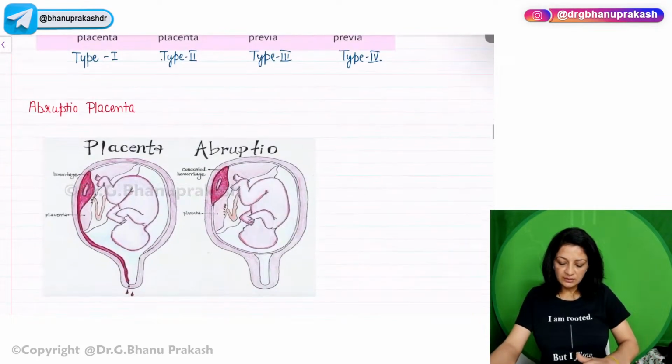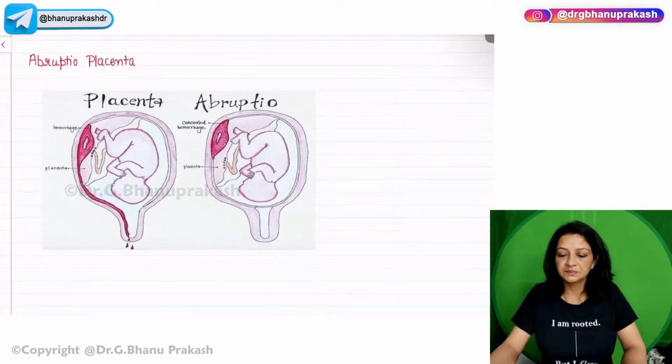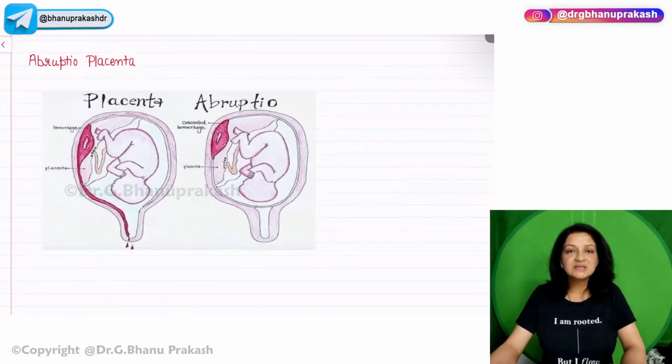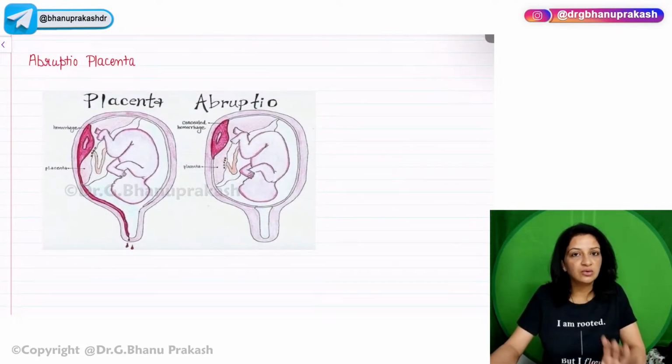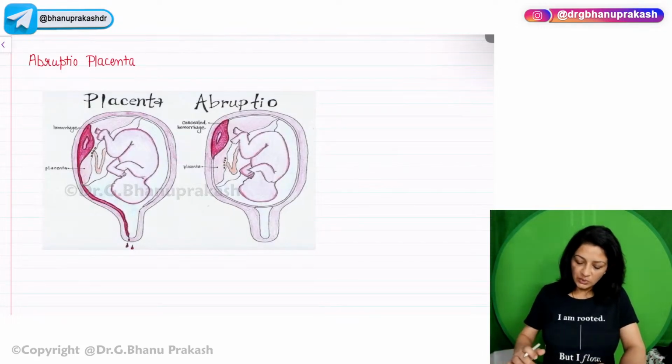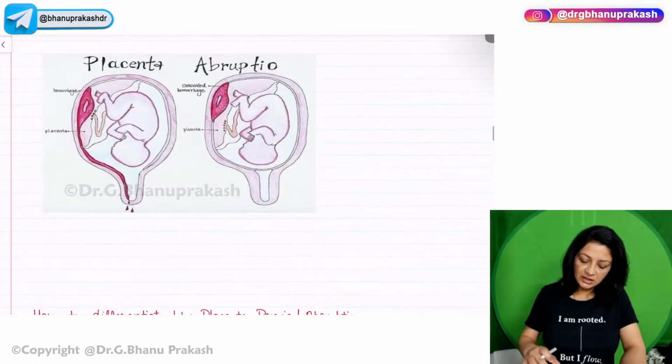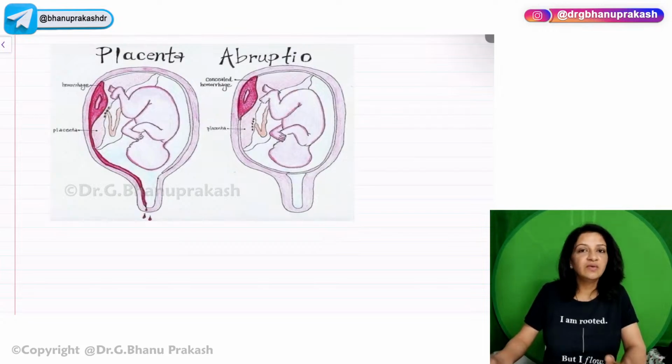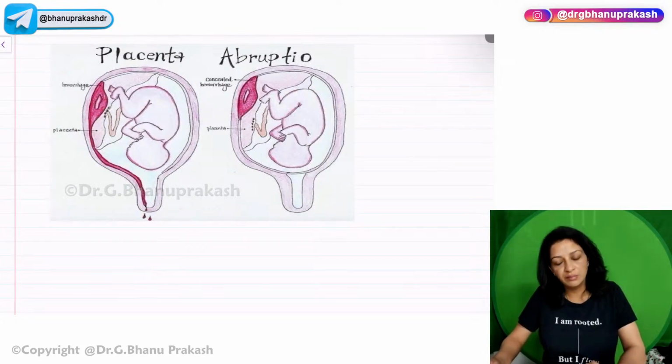So next one, abruptio placenta. Abruptio placenta means the placenta is implanted normally, but it separates prematurely. Prematurely क्या होगा? Separate हो जाएगा. That is called abruptio placenta. In case of abruptio placenta, there are 3 types: revealed, concealed, and mixed.